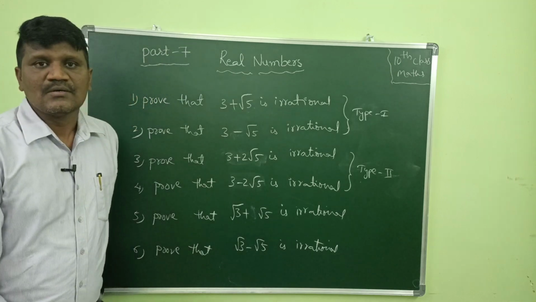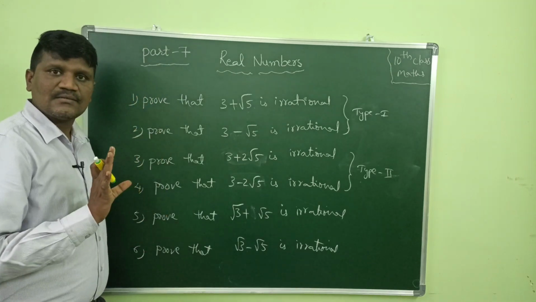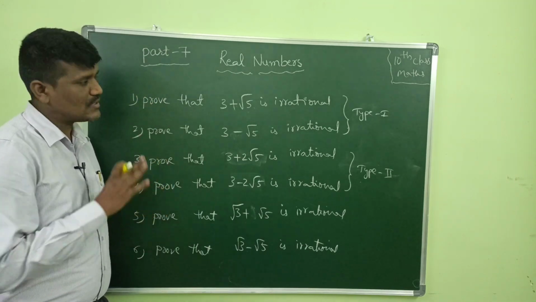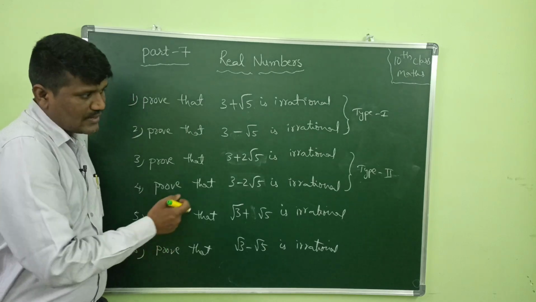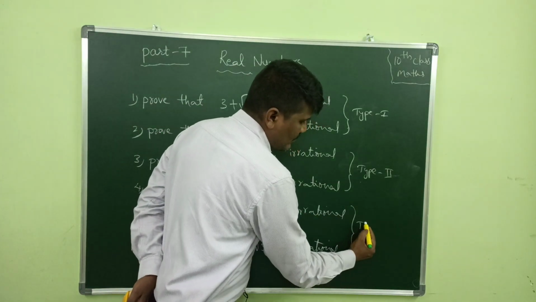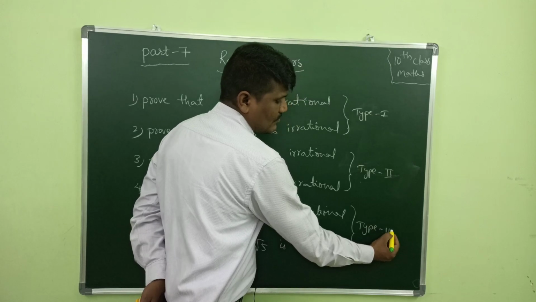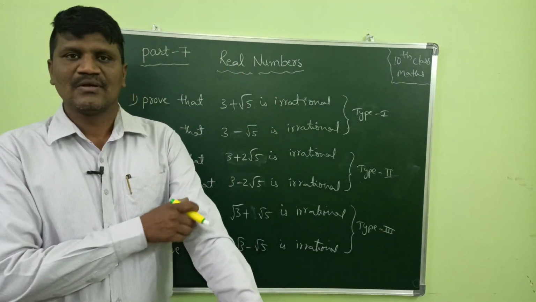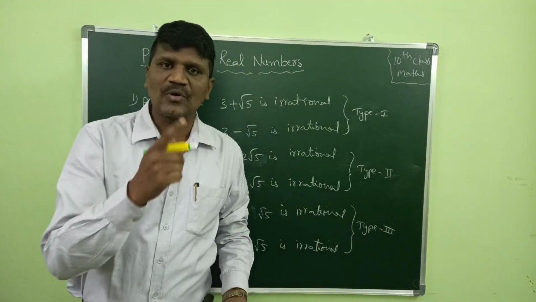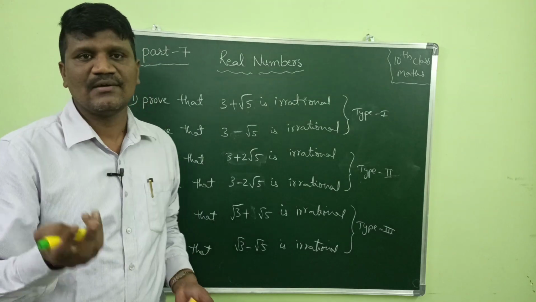The most important problems from this chapter on irrational numbers are type 3 problems. Now let us see one problem each of type 1, type 2, and type 3.